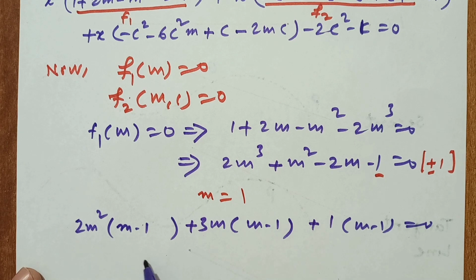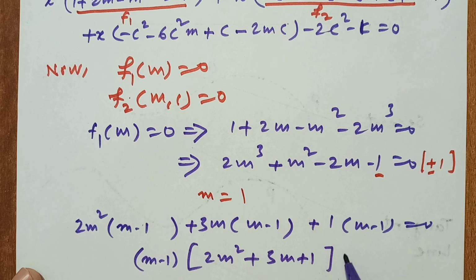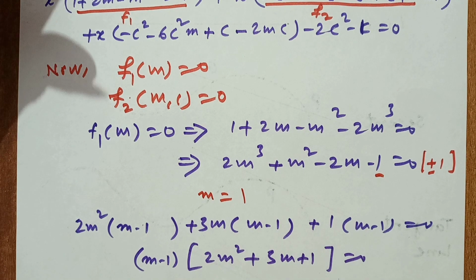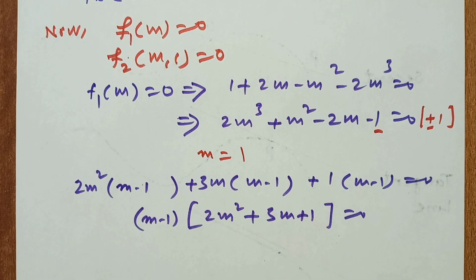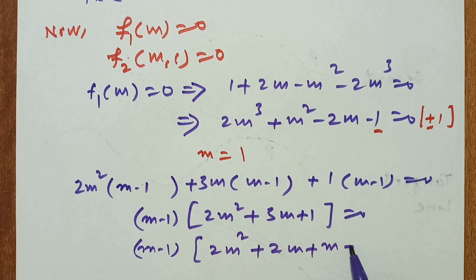Now m minus 1 is common, so we take m minus 1 common, and we get 2m square plus 3m plus 1 equal to 0. This is very easy. This is second degree, so here we have 3m, so 2m plus m, and the product is 2. So now m minus 1 and 2m square plus 2m plus m plus 1 equal to 0. Here we take 2m common, so here m plus 1 and here m plus 1. This is very easy.